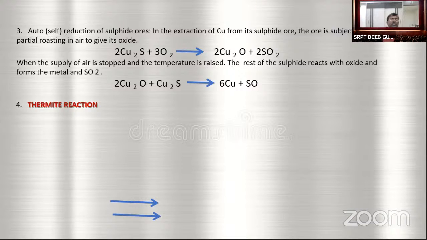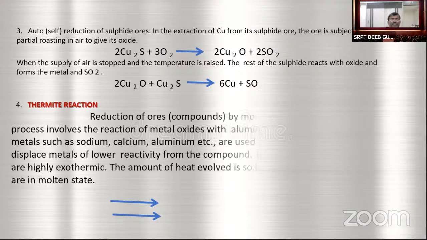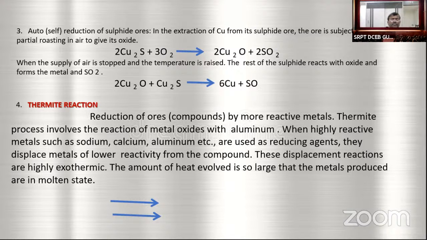Yes, the fourth one, also an important one, is the thermite reaction. We have seen the reactivity series. Using the highly reactive metals, we can reduce the metals from moderately reactive ores. In this, the chemical reaction named displacement takes place.